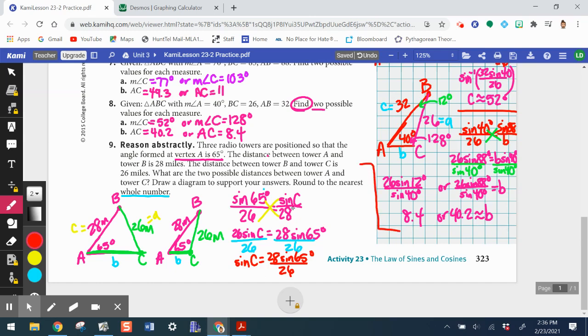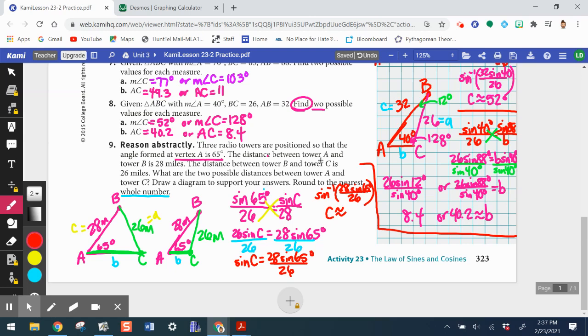So the inverse sine of this ratio, 28 times the sine of 65 degrees over 26, will yield the measure of angle C, or at least one value for angle C. So let's plug in this ratio to Desmos.